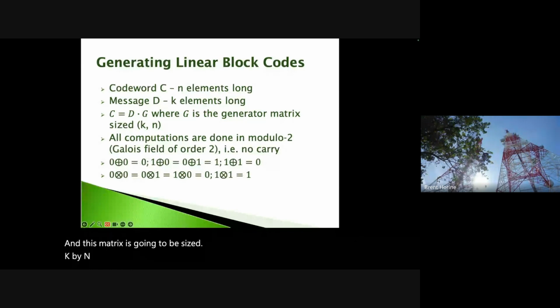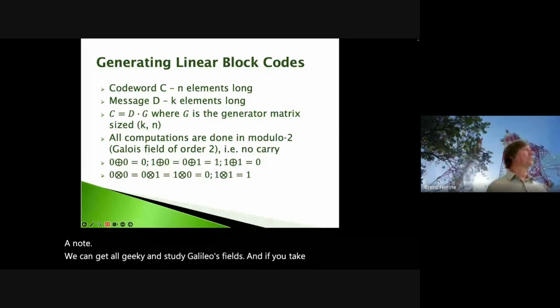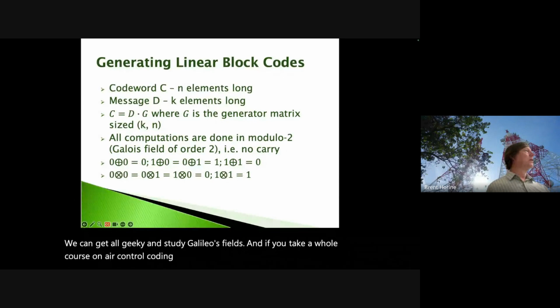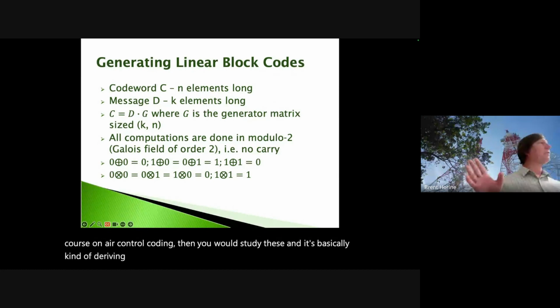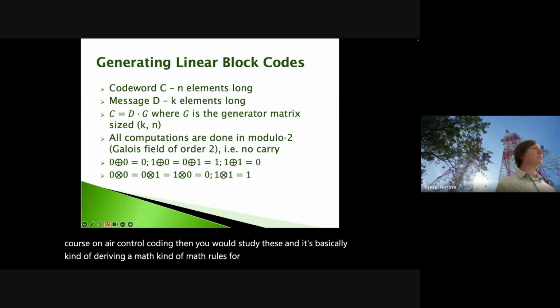And a note, we can get all geeky and study Galois fields. If you take a whole course on error control coding, then you would study these, and it's basically deriving math rules for a certain size of numbering system.